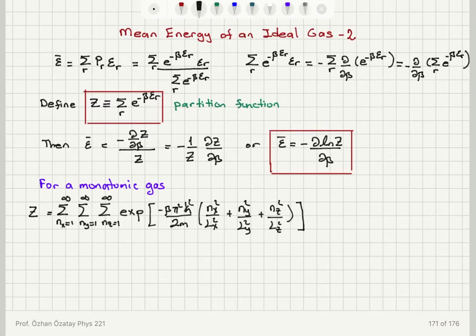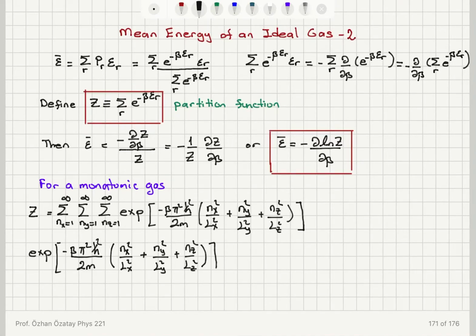Now I can expand this exponential, which is minus beta pi squared h bar squared divided by 2m, times nx squared over lx squared plus ny squared over ly squared plus nz squared over lz squared, because there are three terms in the summation here.